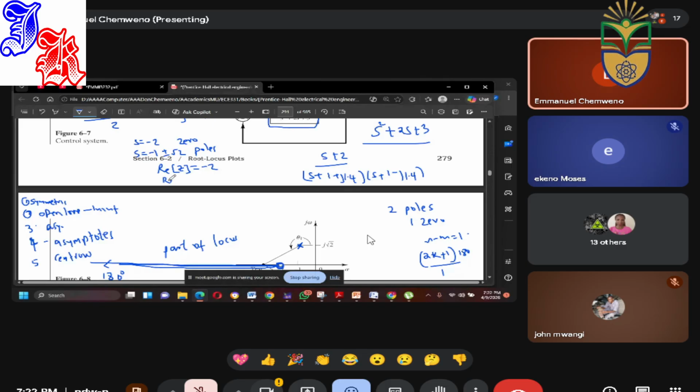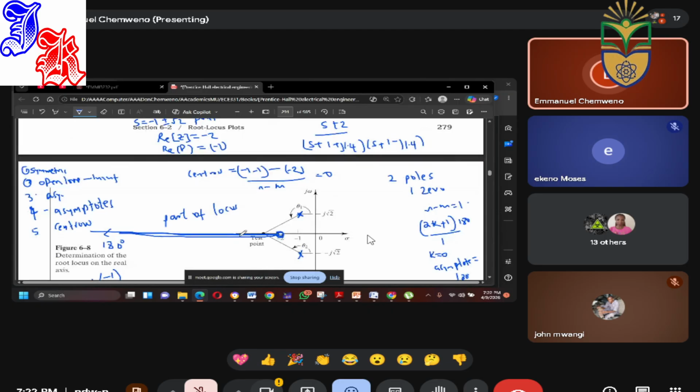Real part of poles is equal to minus 1. So the centroid is equal to minus 1 minus 1 minus 2 over 1, over n minus m, which is 0. So this asymptote just starts at the origin.